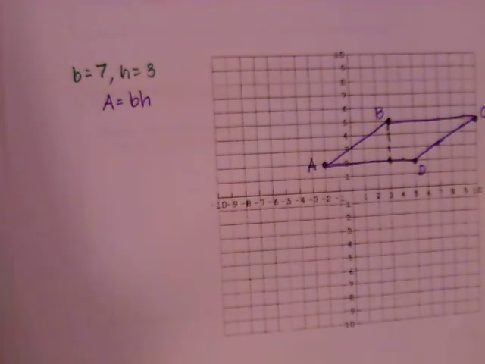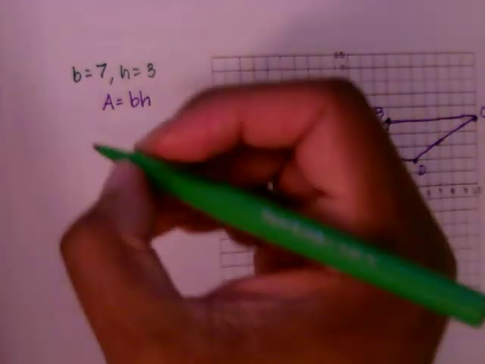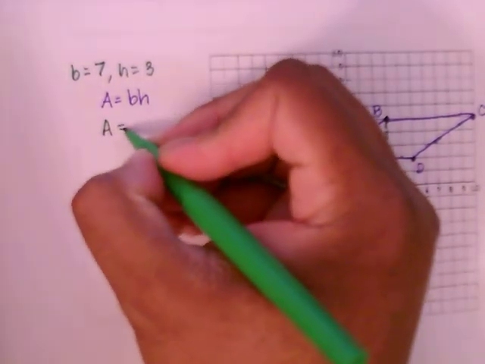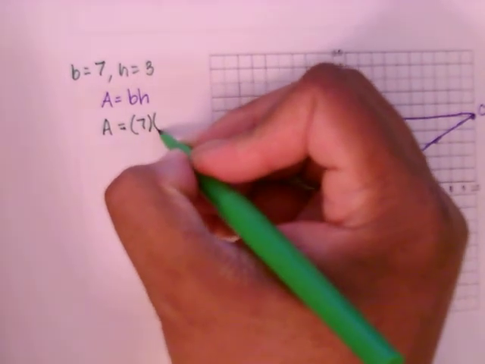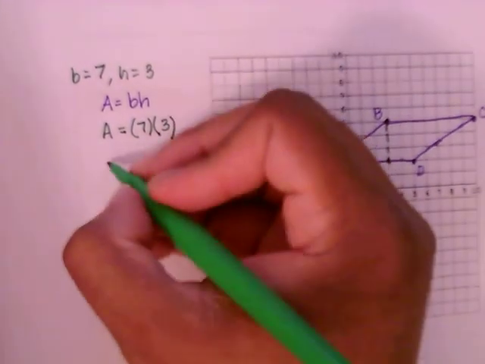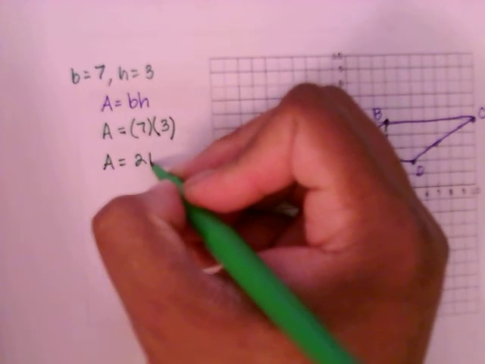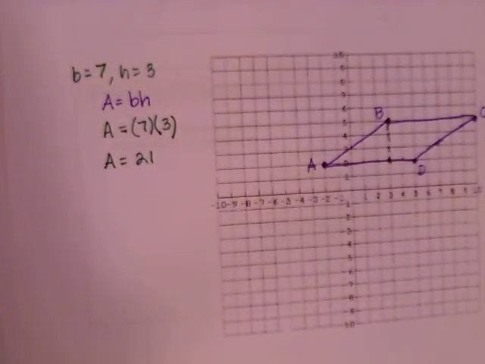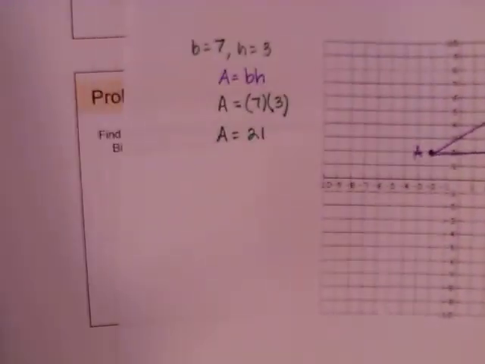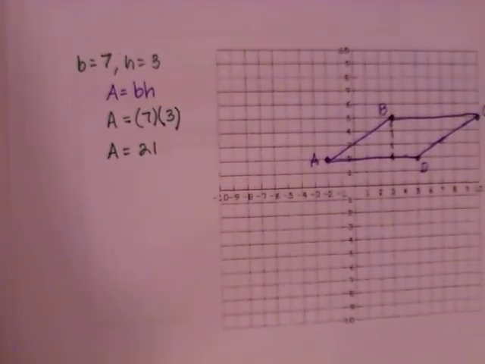And now I can use the formula for the area of the parallelogram. A is equal to B times H. So substitute. This will be 7 times 3, which will give you 21. So the area of that particular parallelogram would just be 21 square units.